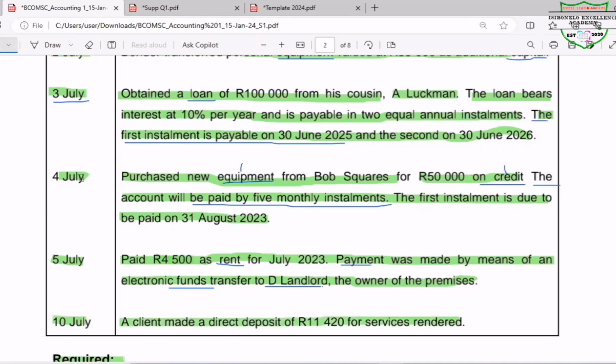Obviously, the bank account will be affected here. It is one of the accounts affected. And this is an income for service rendered. So this is an income account. So the two accounts affected are bank and service fee, which is an income account.